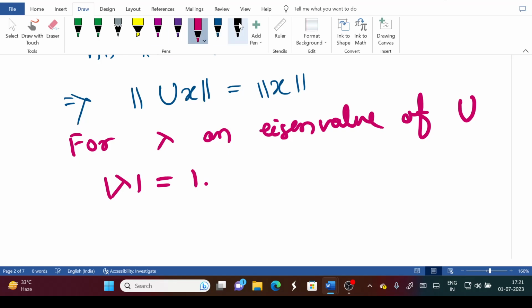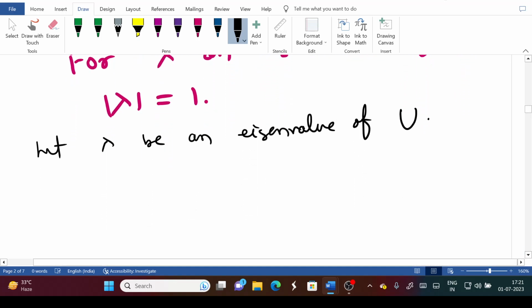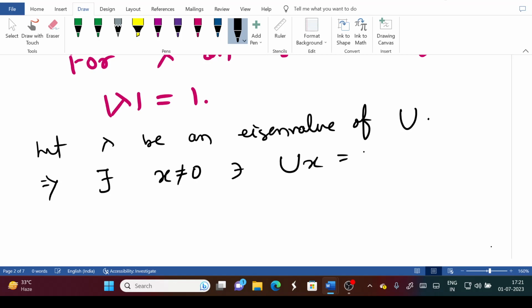This is to be proved. Okay, let lambda be an eigenvalue of U. That implies there exists a non-zero vector x such that Ux is equal to lambda x.